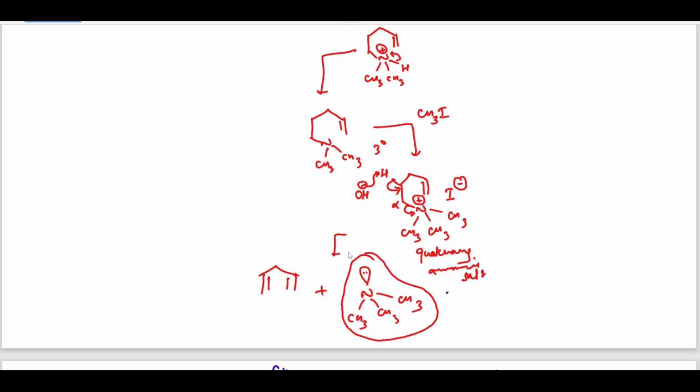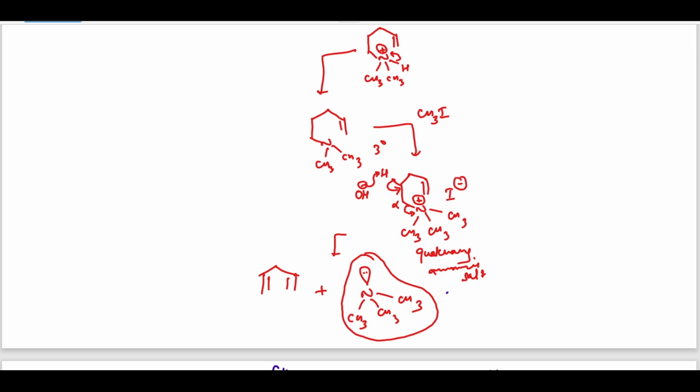Clear? So in this way, in exhaustive methylation, tertiary amines will be formed or alkene will be formed only if there is a presence of beta hydrogen atom corresponding to that nitrogen. Okay.